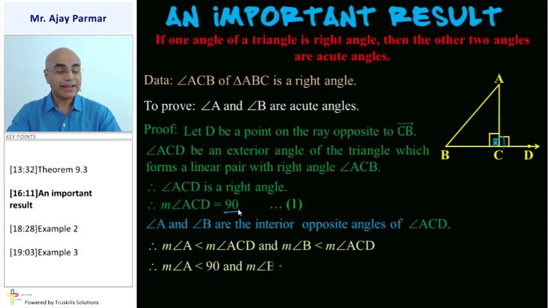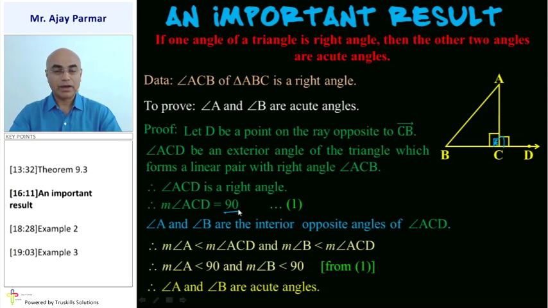That means measure angle A is also less than 90 and measure angle B is also less than 90. An angle whose measure is less than 90, what do we call them as? They are acute angles, isn't it? So, angle A and angle B are the acute angles.